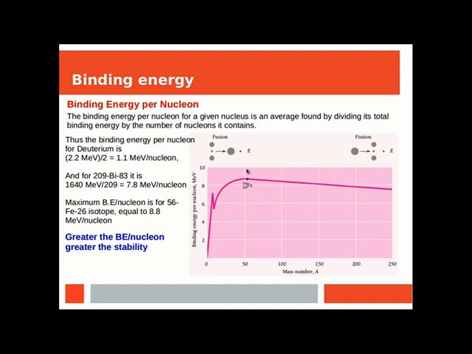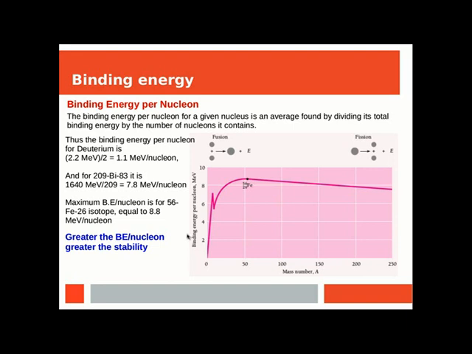The mass number of 56 is seen in the case of iron. An isotope of iron has a mass number of 56, and if you try to determine its binding energy per nucleon, it comes out to be 8.8. It is even greater than that for bismuth.